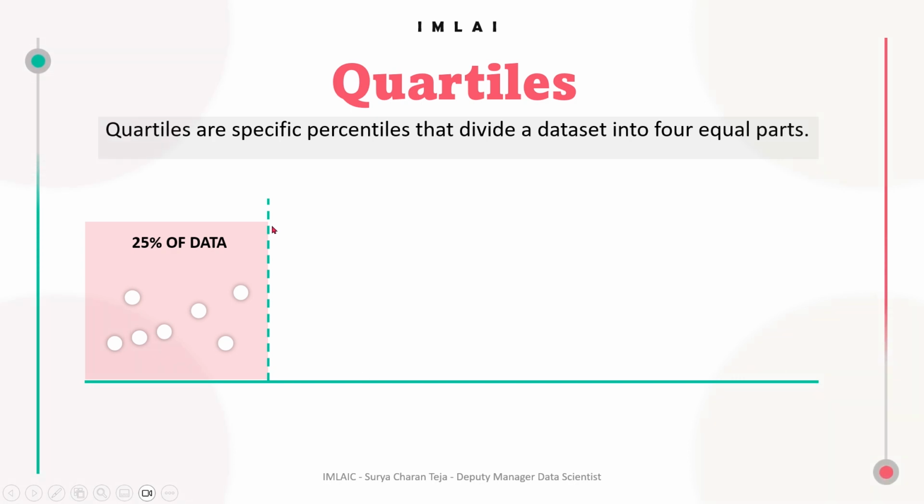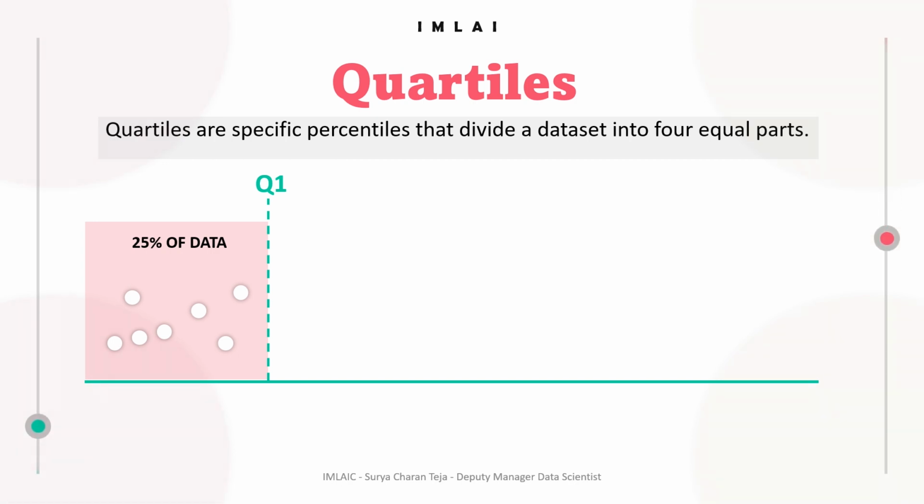The value which holds the 25% of the total data records or observations is known as quartile 1 or Q1. The value below which 25% of data falls is known as quartile 1. That percentile value is known as quartile 1.